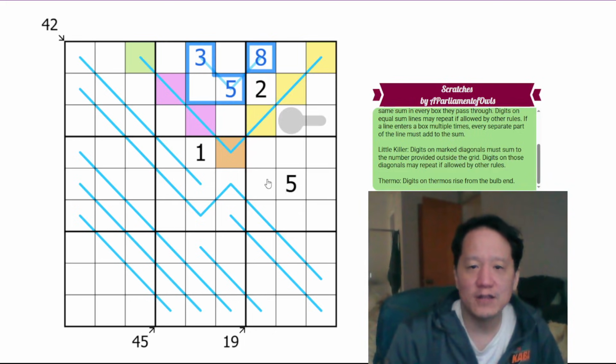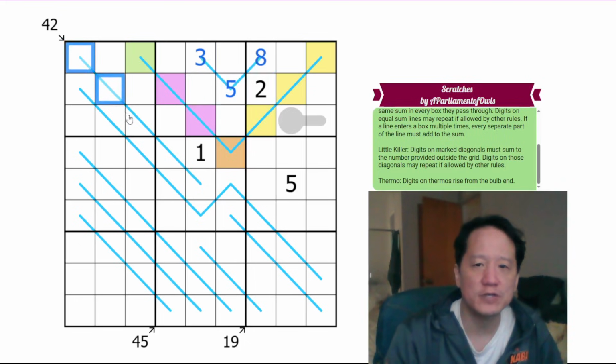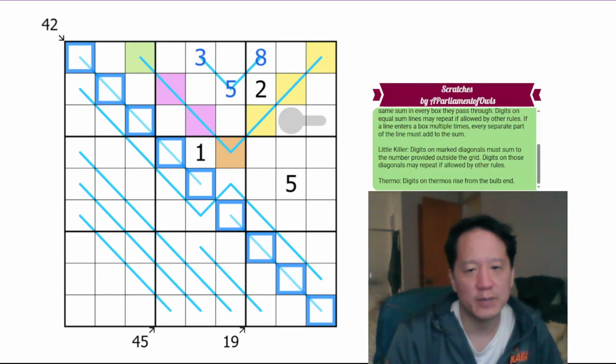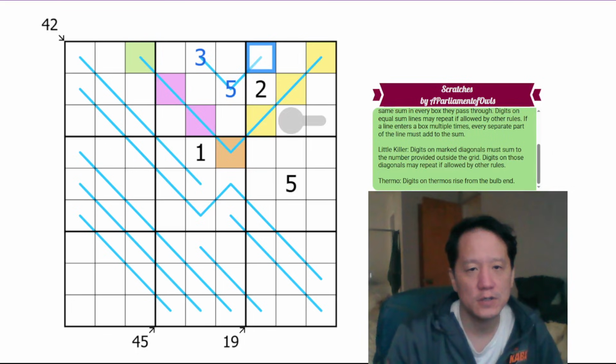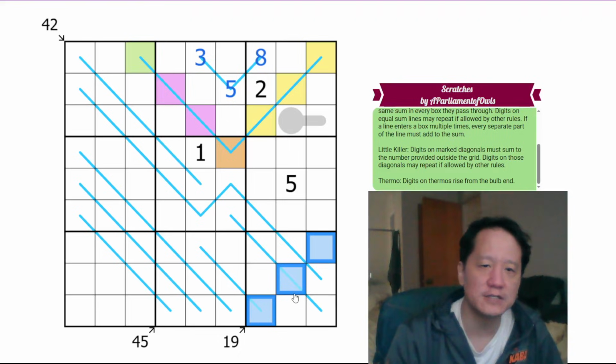We have little killer, where digits on marked diagonals must sum to the number provided outside the grid. For example, these digits along this diagonal must add up to 42. These digits here must add up to 19.